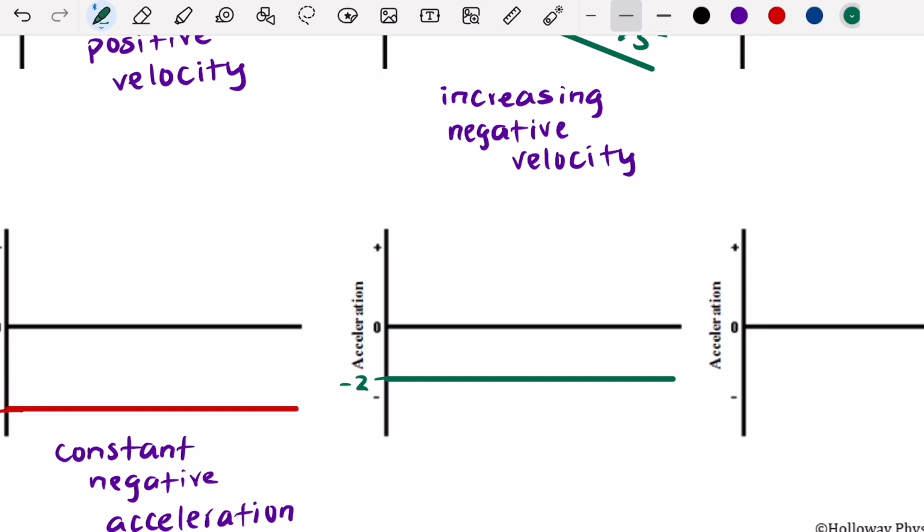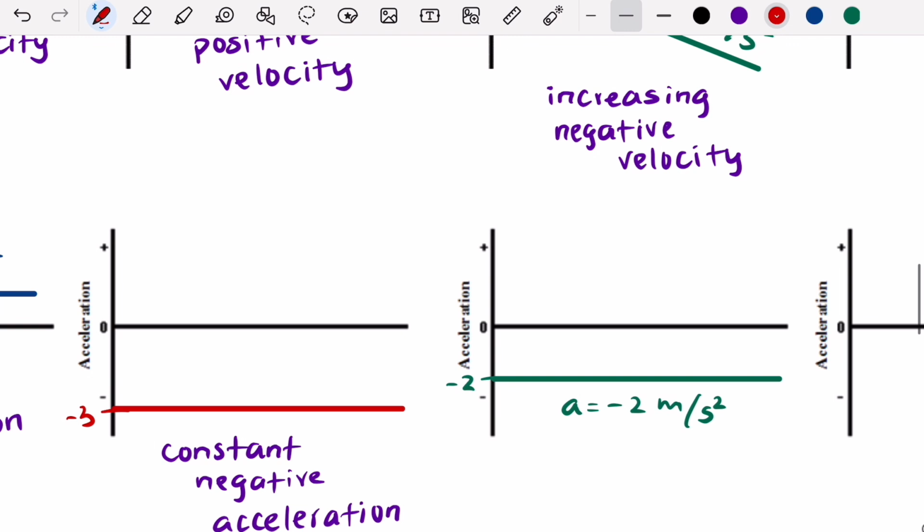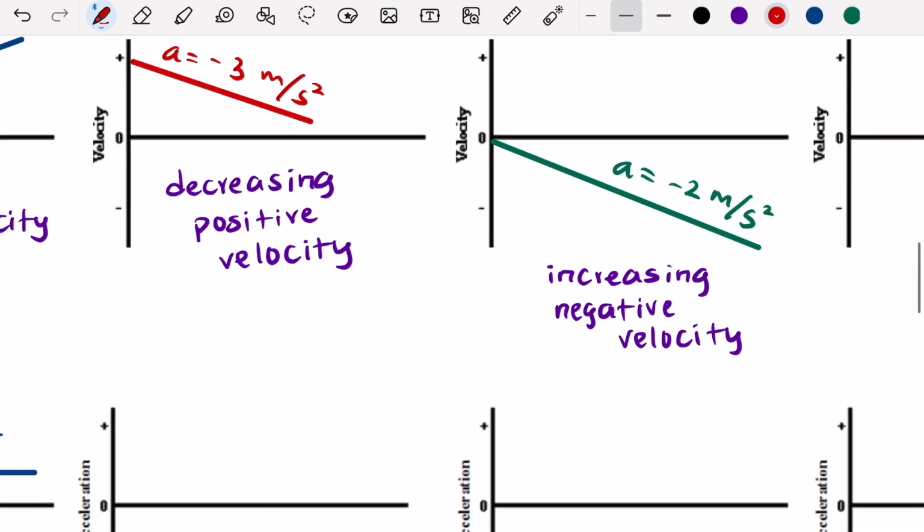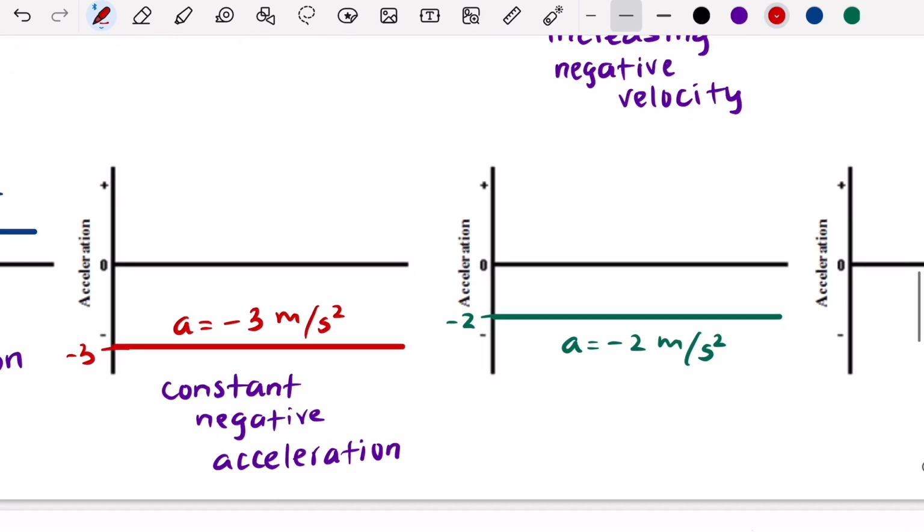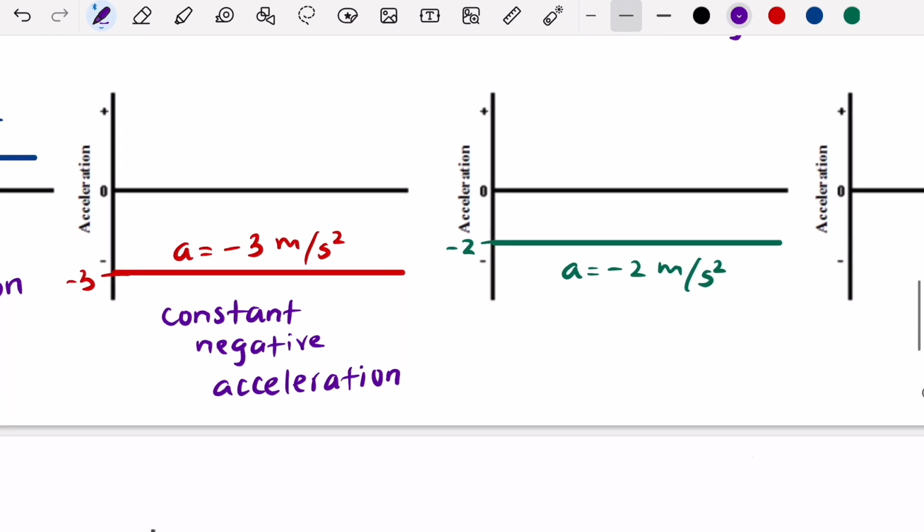Let's add those values just so we make that connection between the slope of the velocity time graph and the value for acceleration. There you go. And this is constant negative acceleration.